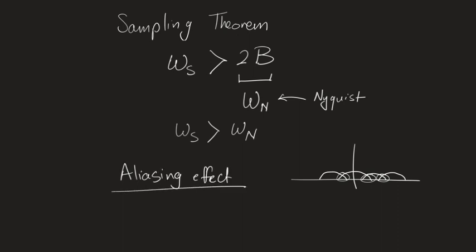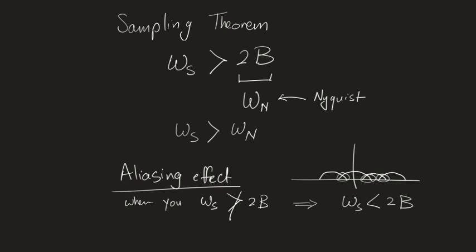So this is when you use omega s which is not greater than 2b. When you use omega s smaller than 2b, you get this aliasing effect, and it prevents you from recovering the original signal.